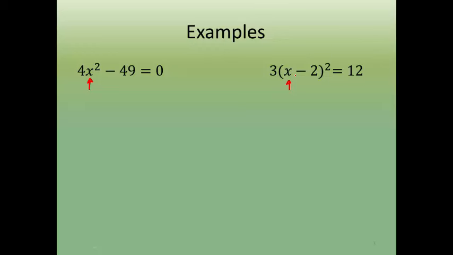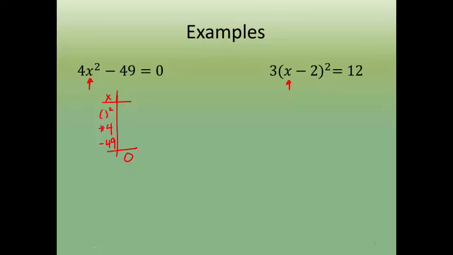So I'm going to start by, again, making my table and asking what happened to x. So the very first thing that happened to x using the order of operations is that it was squared. And the second thing that happened is that we multiplied by 4. Then we subtracted 49, and the result was 0.